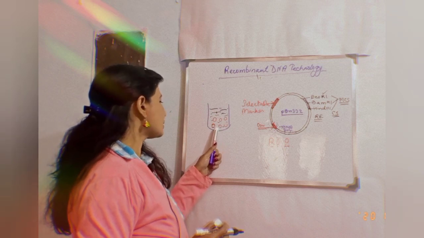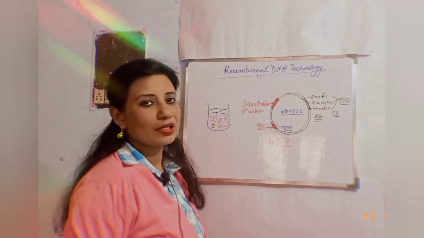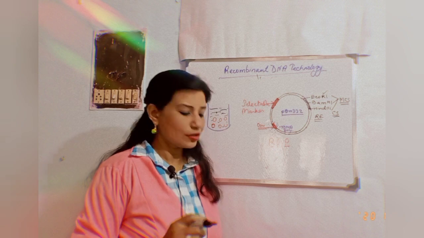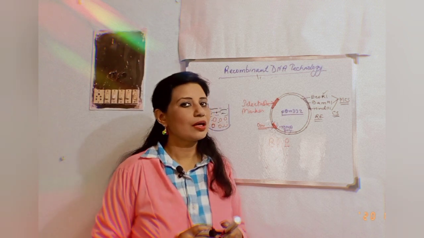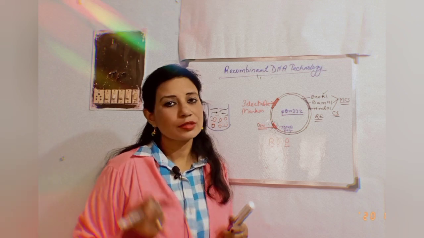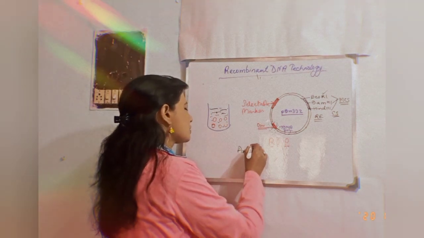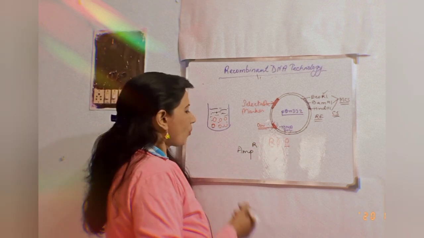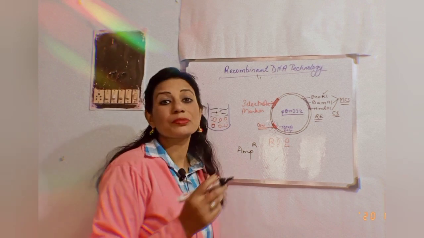So the question is that this may happen and this may happen. So I need a selectable marker which will carry the antibiotic resistance gene. There are 2 things that might happen. Either it will carry an antibiotic resistance gene, like ampicillin resistance gene or tetracycline resistance gene, or it might carry an enzyme producing gene.